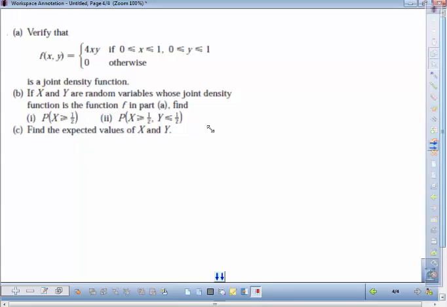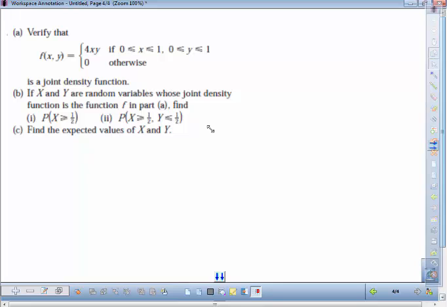So here we have a function that's defined piecewise because of the zero business. And the first thing they ask us is to verify that it is a density function.